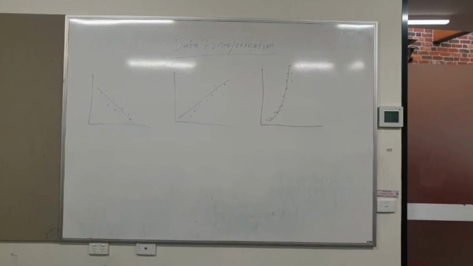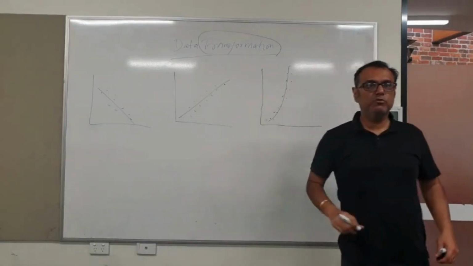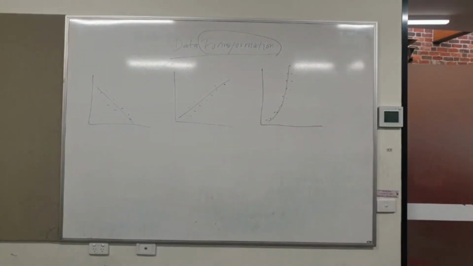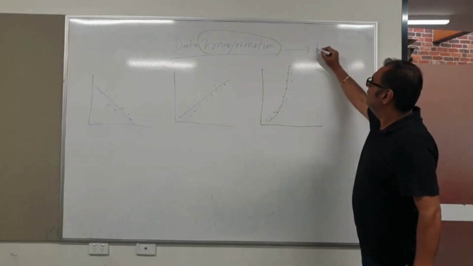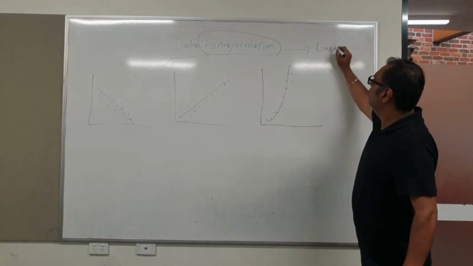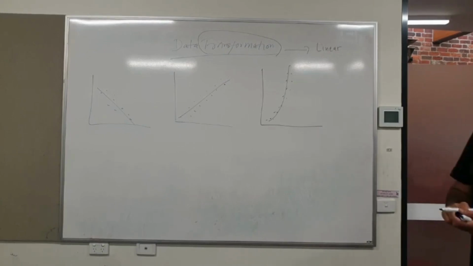When the data becomes non-linear, we have to transform the data to make it linear. Okay? How do we make it linear?